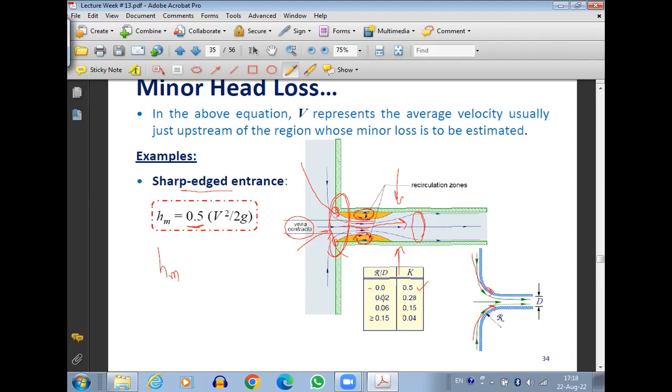But if there is a specific curvature, the larger the curvature, the smaller the value of K, and the smaller the value of K, the smaller the HM. So the minor losses will become smaller if you have a bigger curvature. Corresponding to the value of R by D, where R is the radius of curvature and D is the diameter of the pipe, we can have the loss coefficients for this entrance.